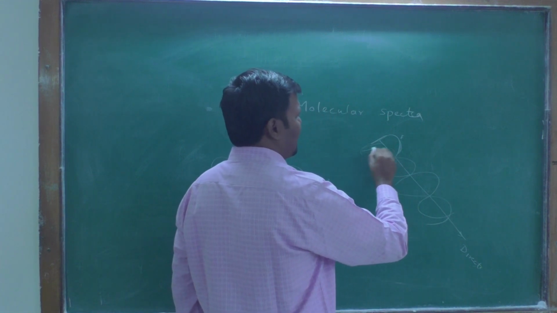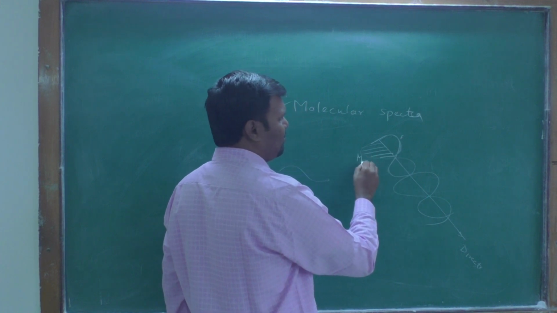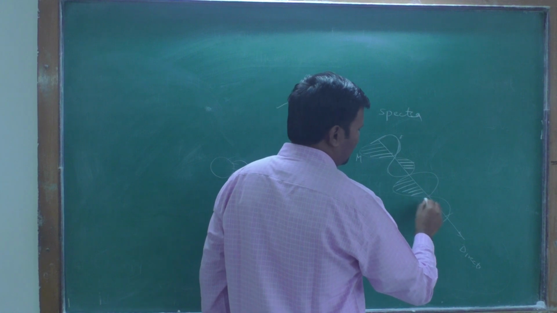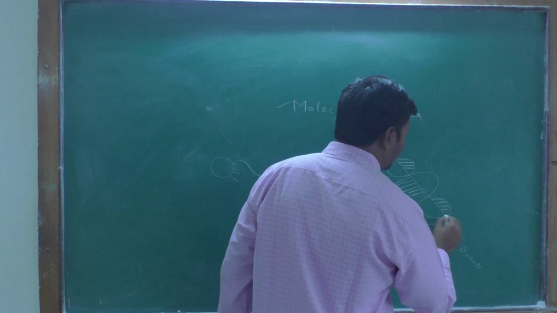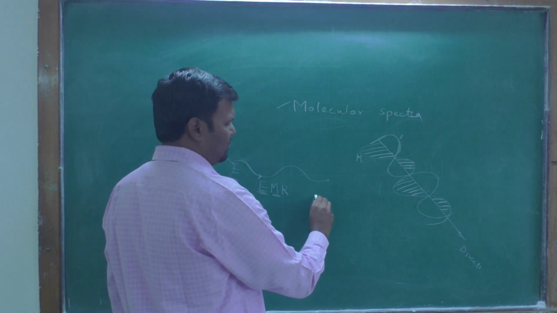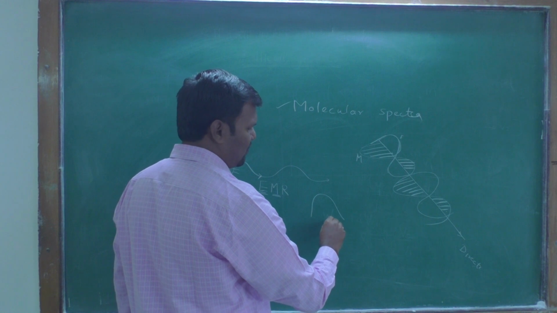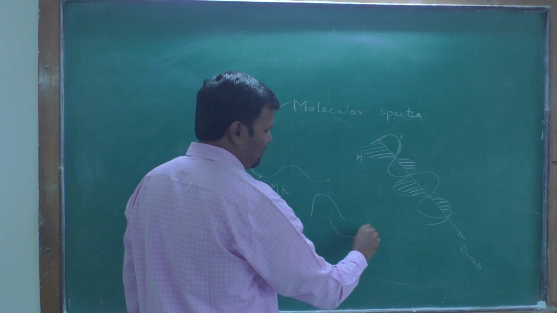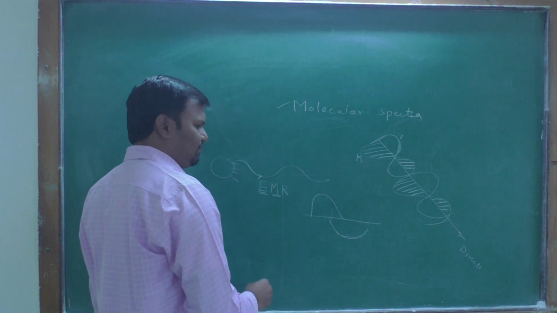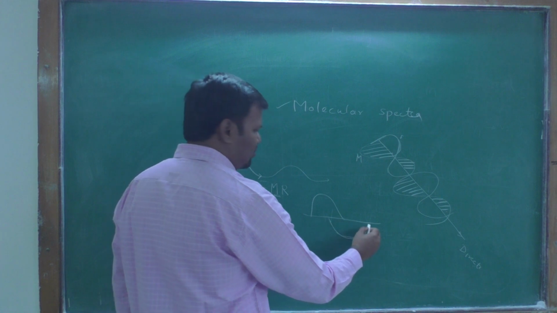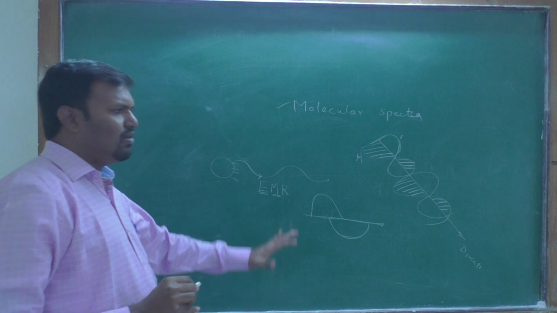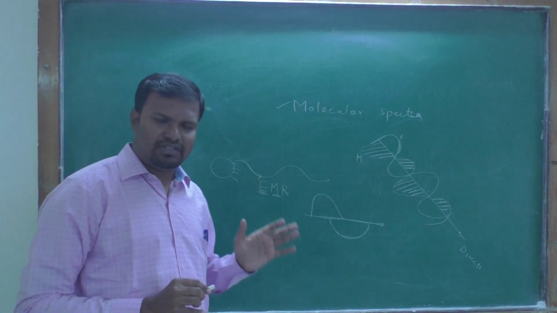The second one is the magnetic field, shown by M, also perpendicular to the propagation of waves. If the electric wave moves like that, the second wave will be perpendicular to it. These two waves are perpendicular to each other, and also perpendicular to the propagation direction. That kind of wave is the electromagnetic radiation.